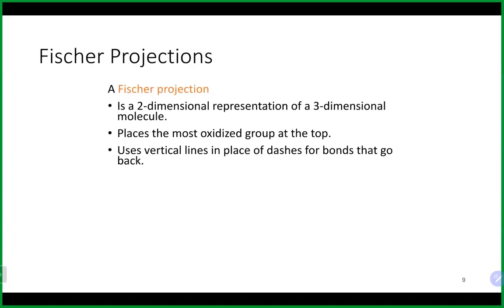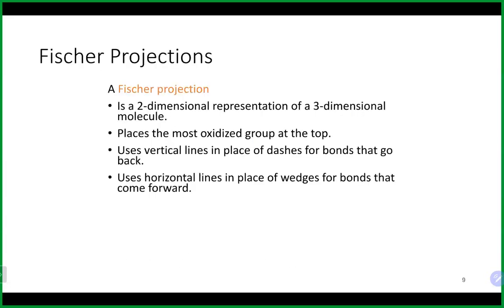Now, Fisher projection is a 2-dimensional representation of 3-dimensional molecules. We usually place the most oxidized group towards the top. We use vertical lines in place of dashes for bonds that go to the back of the paper, and we use horizontal lines in place of wedges.